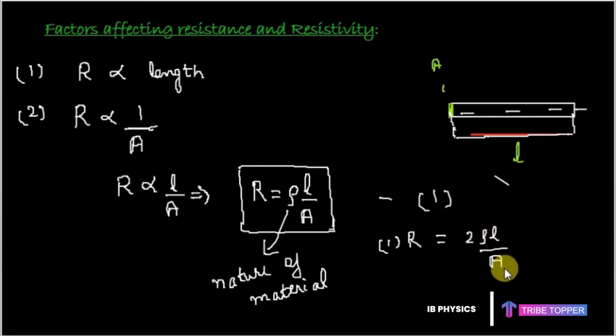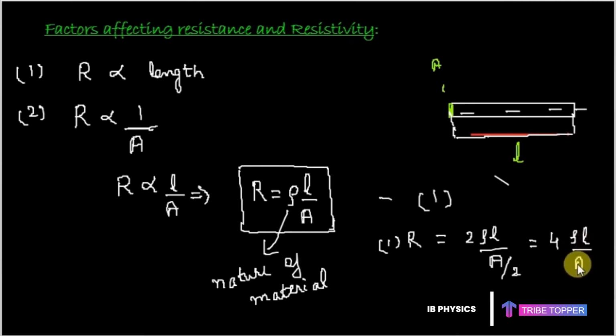But in case I stretch a wire to double the length, that means I'm thinning out the wire, so the area would decrease. The wire would become thinner and the length will become double, so the area at the same time would also become half. So in that case, the resistance will not just become double, it would become 4 times the original resistance.